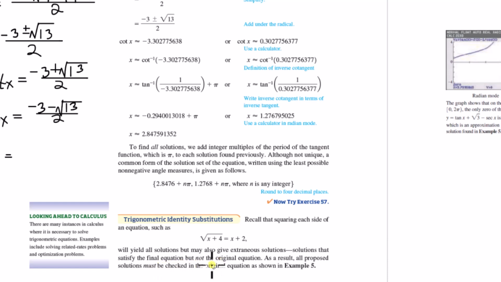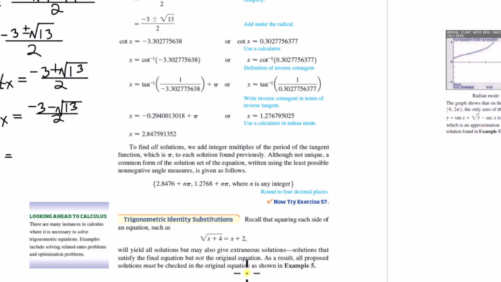But there's two cases where this could happen. There could be domain issues in the original equation. You could solve, get a solution, and then plug it back in, and you're taking the root of a negative number. That's one case. But there's also the case where there is no domain issue, but it still doesn't satisfy it. That's called extraneous. As a result, all proposed solutions must be checked in the original equation. In algebra, there were certain types of equations where you actually had to check the final answer.